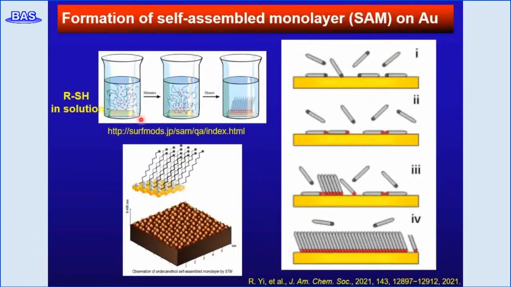In the case of thiols, 1 or 3 hours are enough to immobilize the molecules on the electrode. The modified electrode is removed from the solution, rinsed well with water and other solvents, and measured. A densely packed monolayer film is obtained. Here is the STM image.